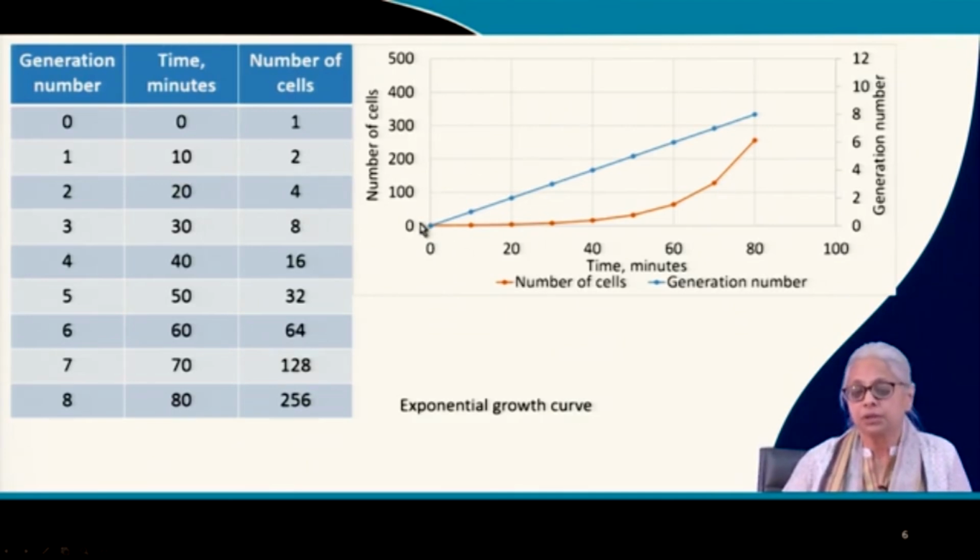Here you have the time increments, the number of generations and the number of cells. The number of cells is growing exponentially, shown by the orange curve, and the blue line tells you the generation number. So that's the number of generations, and the orange line tells you the number of cells.